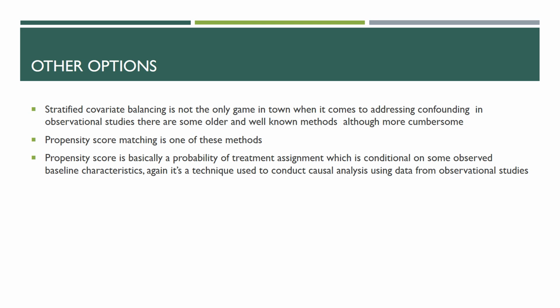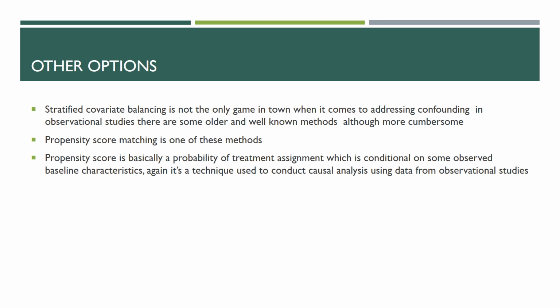In fact, there are many older and well-known methods in terms of addressing confounding in observational studies, but they tend to be more cumbersome and require a lot of input from the analyst.